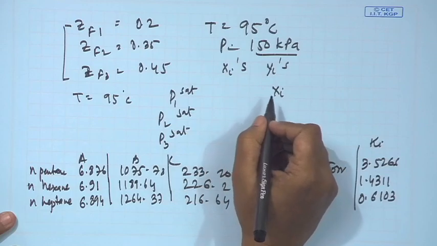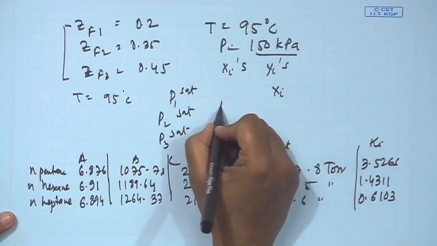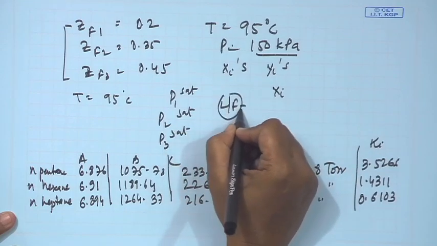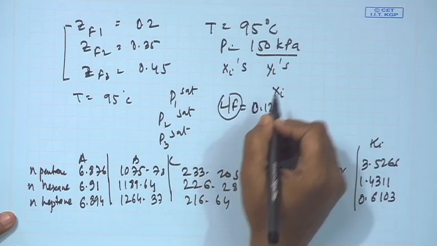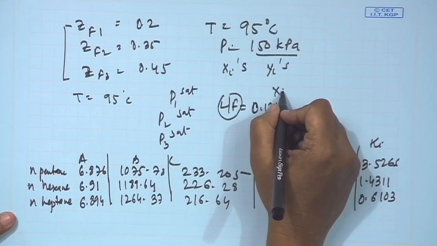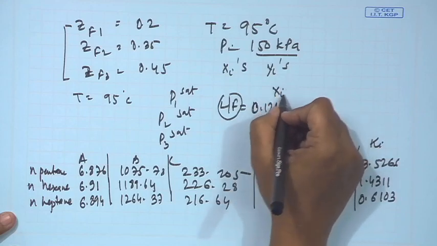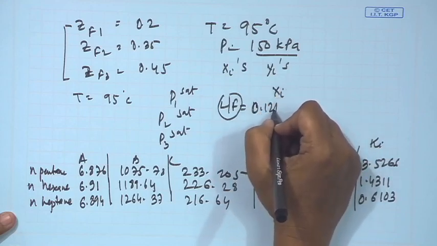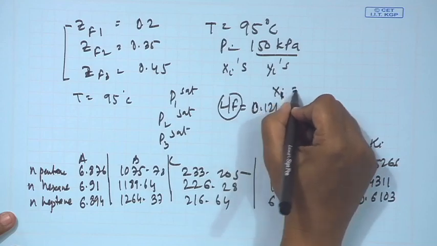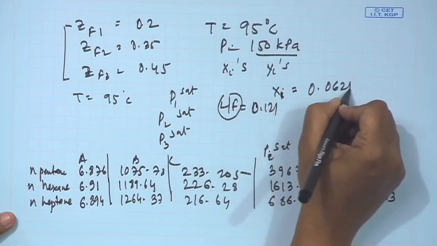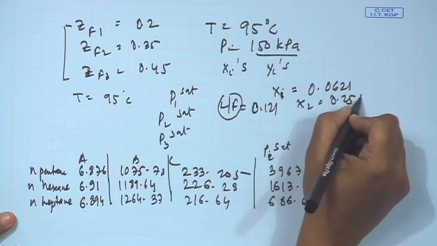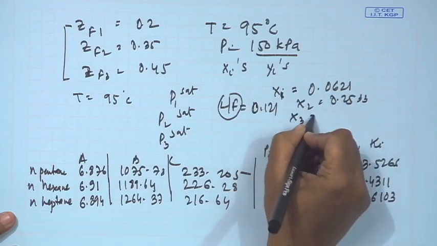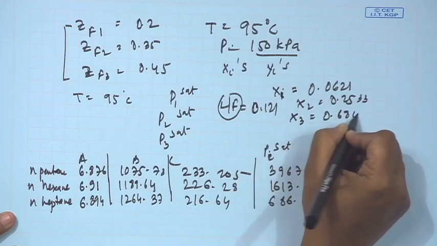For finding out the xi's, we need to guess L by F. Suppose I start with my first guess of L by F as 0.121 and find out the corresponding xi. My x1 will be 0.0621, x2 will be 0.2533, x3 is going to be 0.6845.